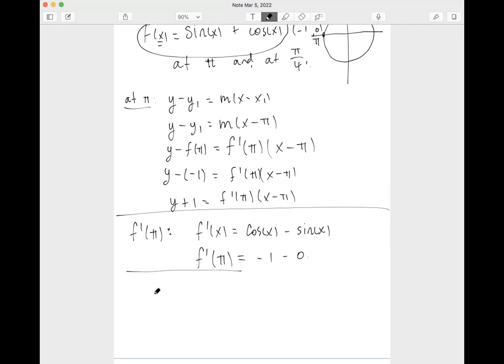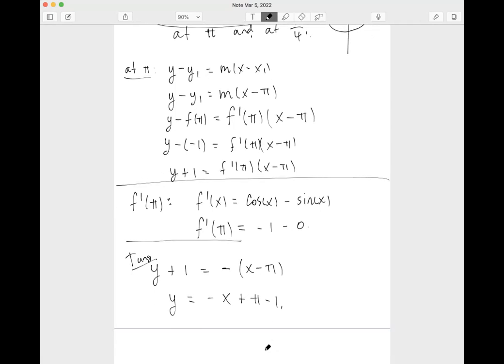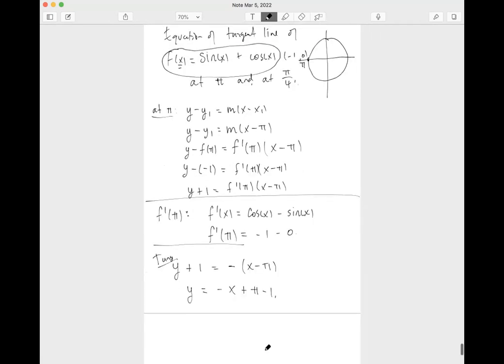So our tangent line is y plus 1 is equal to -1 times (x minus pi). Or you can write it in mx plus b form if you want: -x plus pi minus 1. That makes sense. Okay, cool.